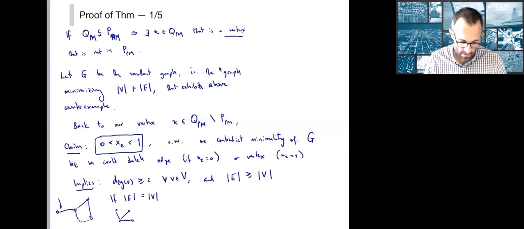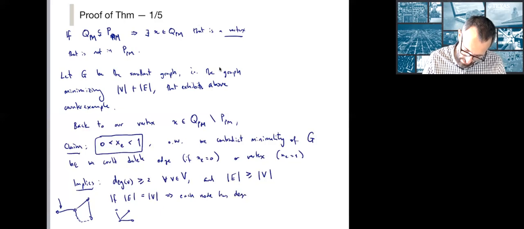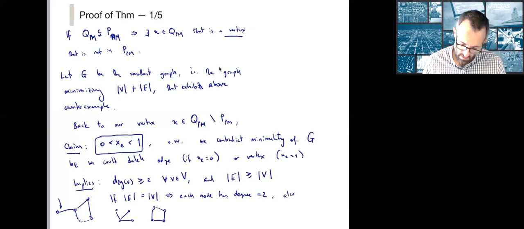So if E is equal to V, then this means that each node has degree exactly equal to 2, just by a counting argument. And also, if I have a cycle, it has to be even. Why does it have to be even?